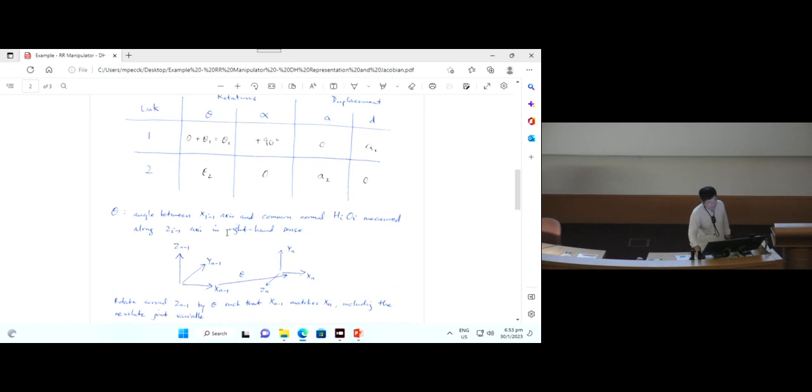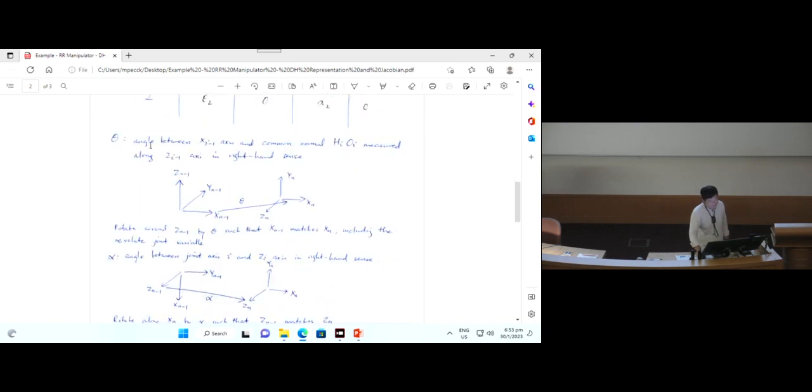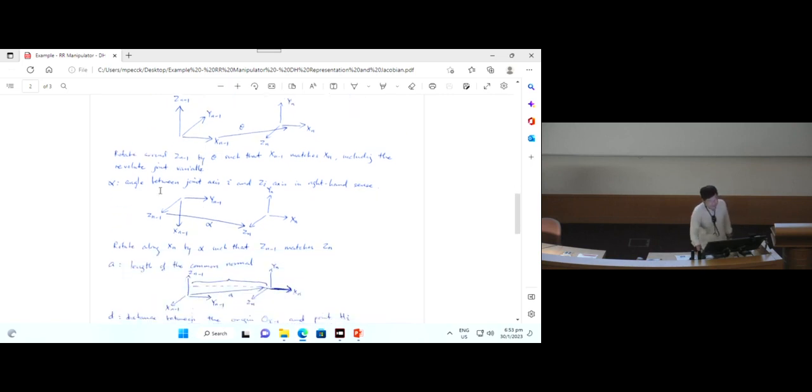So you have this definition from here. The way to measure theta is from the previous frame x_{m-1} to x_m, so this will be the angle in the right-hand frame. Alpha is measured along the x-axis, rotating so that z_{n-1} is measured to z_n.